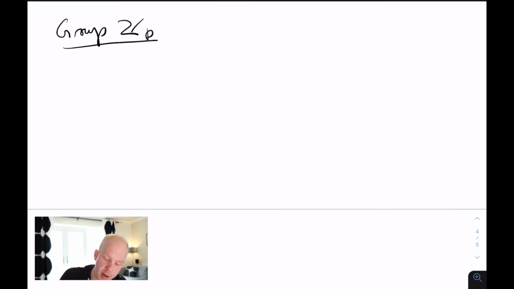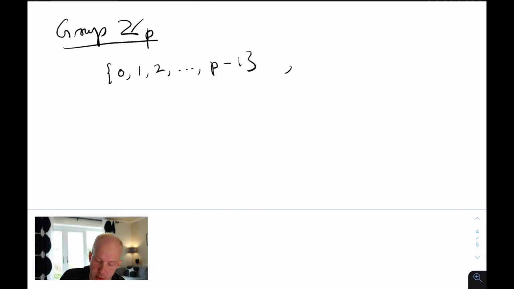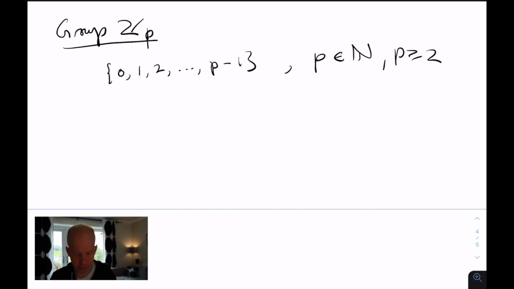Heuristically speaking, the problem we'd like to talk about here is that you take these p elements, let's say 0, 1, 2 until p minus 1, with p being some natural number, at least 2.